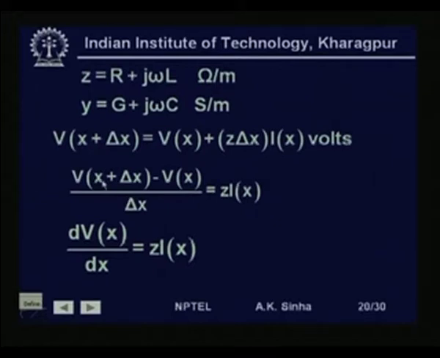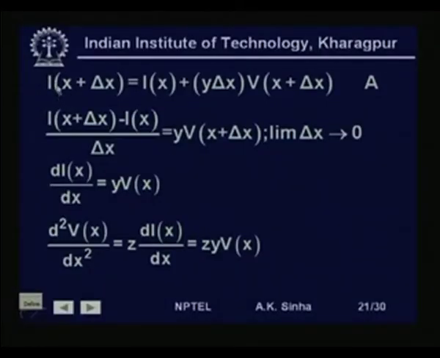So, V at x plus delta x minus V at x divided by delta x is equal to z into I at x. Now, if we take the limit with delta x tending to 0, then we can write this as dV x by dx is equal to z I x. That is, the derivative of voltage at x will be equal to z into I at x.